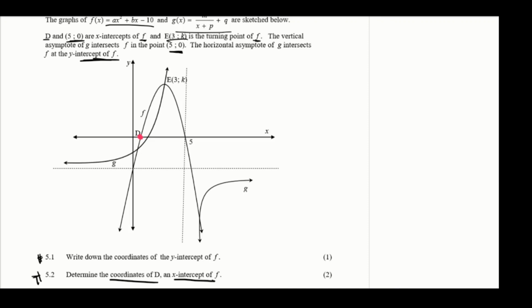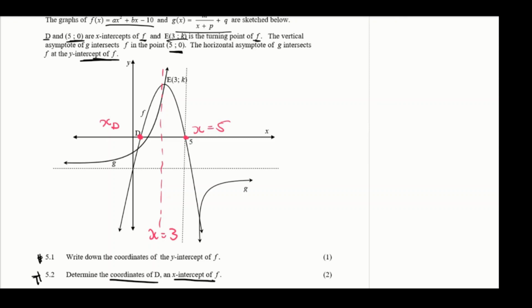So to find the x value, we should remember that the parabola is symmetric. So the x value of the turning point here is equal to 3. And we know that the x value here is equal to 5, and we want to identify the x value of D. So we can use that symmetry to find the value of xD.